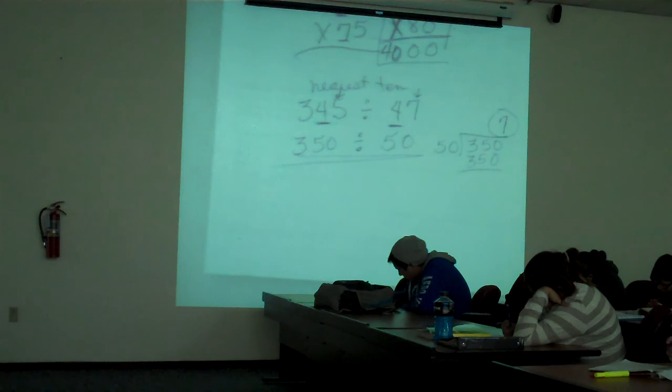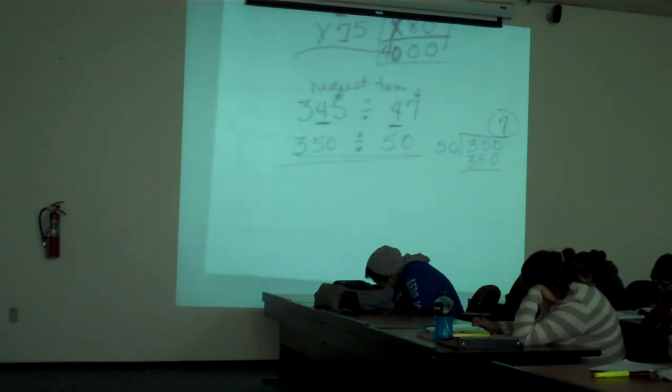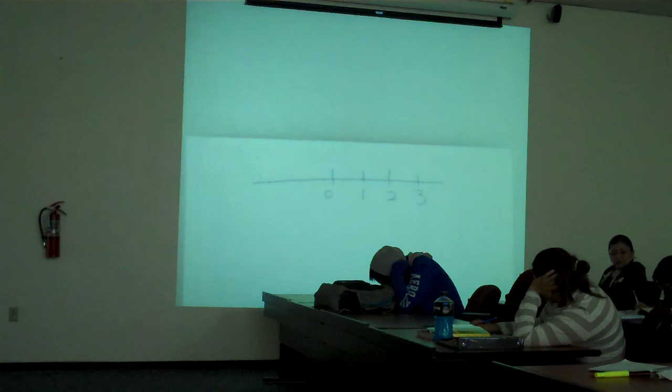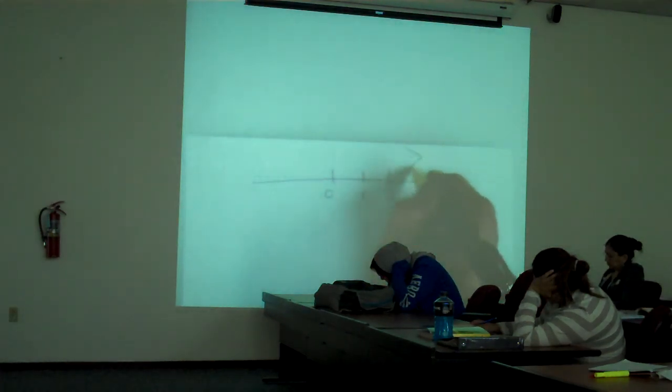And after that, you're going to have some greater, less than symbols. Okay. In case you don't remember which way is greater, which way is less than, picture a number line where you have 0, 1, 2, 3. And as the numbers get bigger and bigger, they keep going to the right.